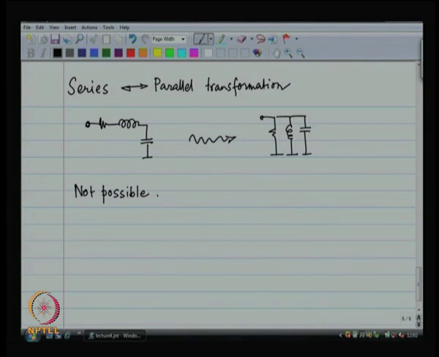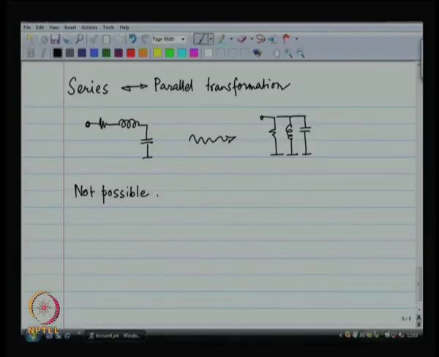Well, let us just look at zero frequency. At zero frequency, the series network looks like an infinite input impedance. Let us look at the input impedance. At DC, it is infinitely large because the capacitor is open circuit. At high frequencies, it is infinitely large because now the inductor is an open circuit. And then look at the other one.